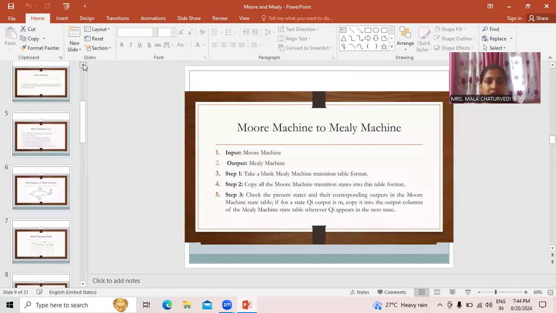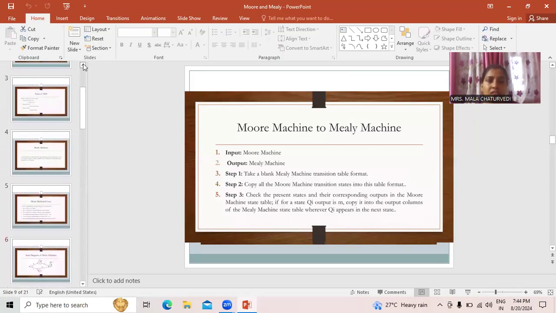Now, what is a Mealy machine? A Mealy machine is implemented the same as a Moore machine, but the basic difference between Moore machine and Mealy machine is all about the output function. How the output function maps in the Moore machine and Mealy machine is what differentiates the two machines.